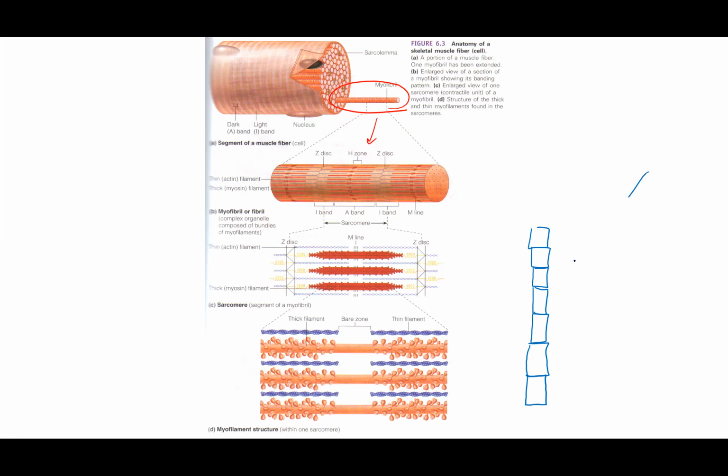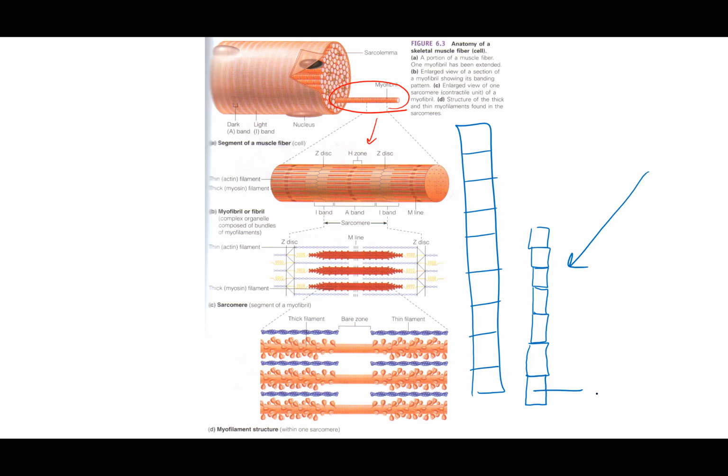When you look at this from a distance, it looks like one long tube. But when you come up close, you'll realize that they're broken down into individual segments, and each segment is a sarcomere. That's what you're looking at right here.